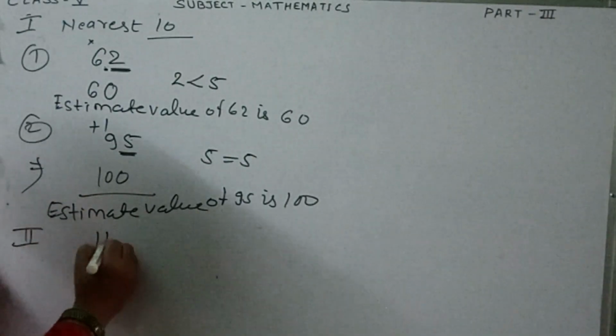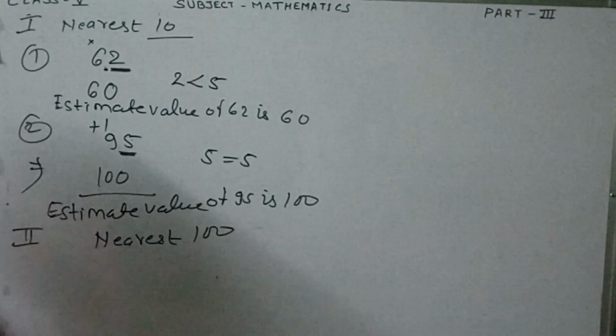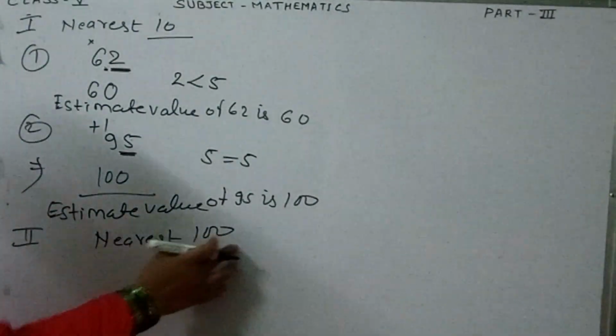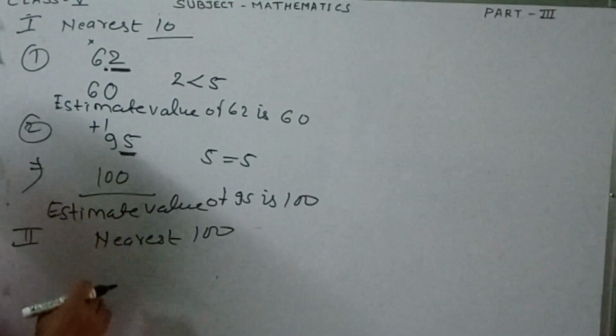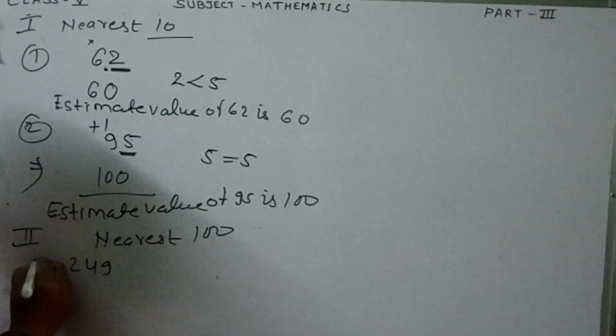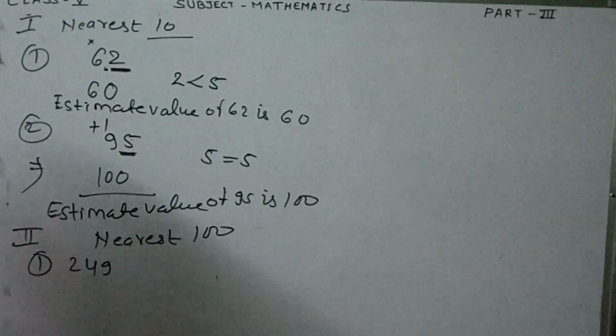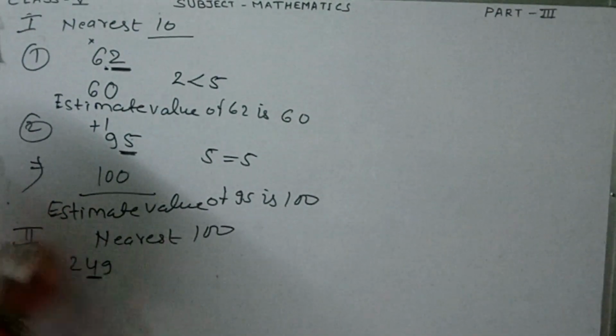Okay. Now the second question, you have to find out the nearest 100. In case of 100, what I told, you have to check the value of tens. First number is 249. Which number do you have to compare? Tens.